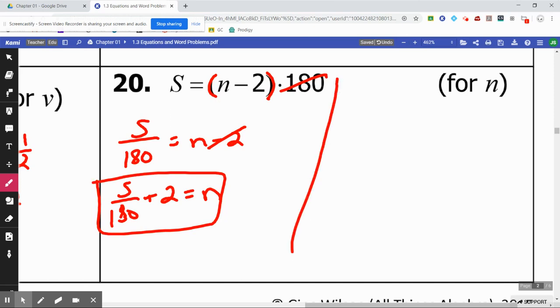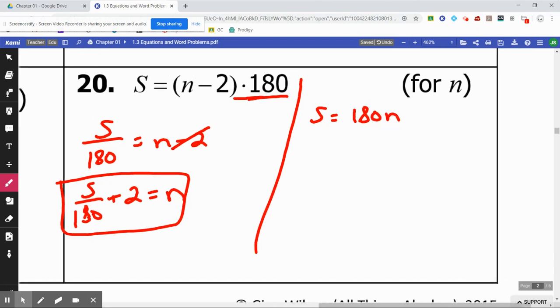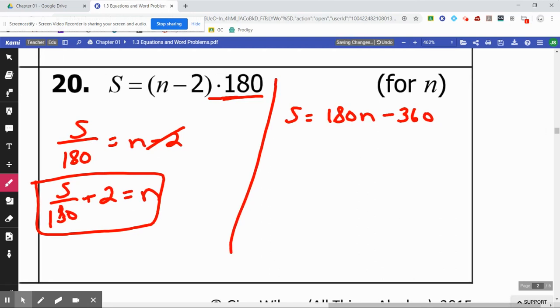And again, several of these have multiple ways. A lot of people like to tackle these by distributing, and you can. S equals 180 times n, and 180 times negative 2 gives you a negative 360. Next step, to get n by itself, we're going to move this minus 360 over by doing a positive 360.